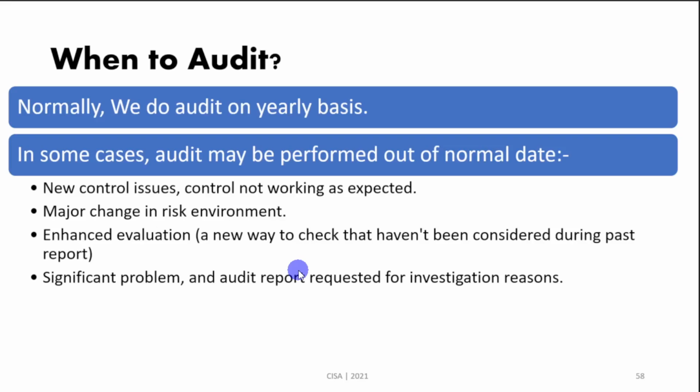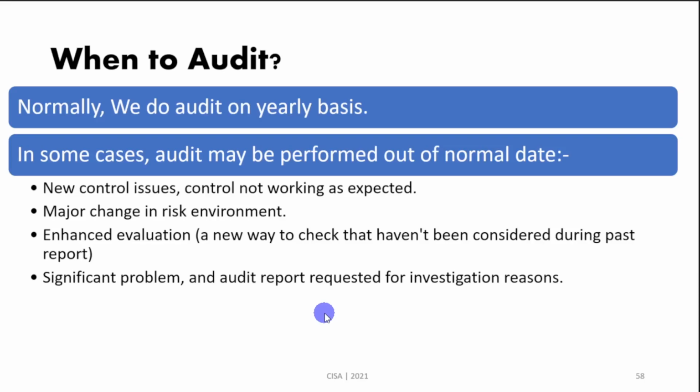So we now have another way that is more accurate and will produce more credible data. In this case, we have enhanced evaluation. We have a new way to check that wasn't considered during the past report. Or when we have a significant problem and the audit report may be requested for investigation reasons.